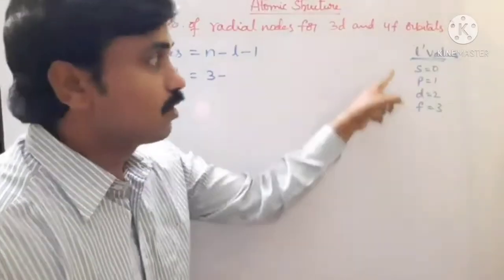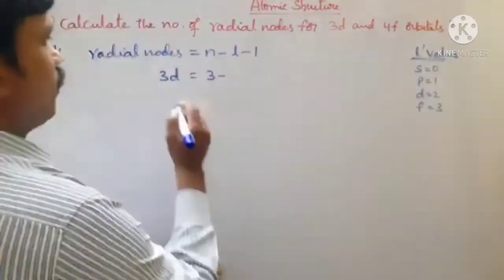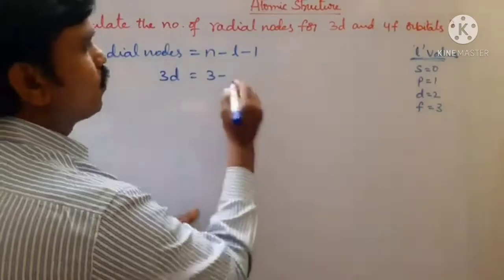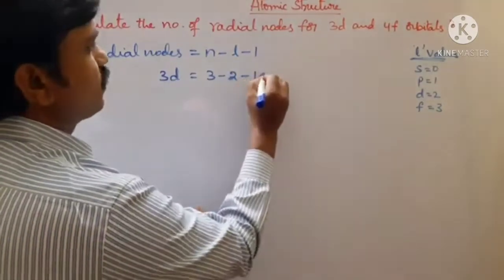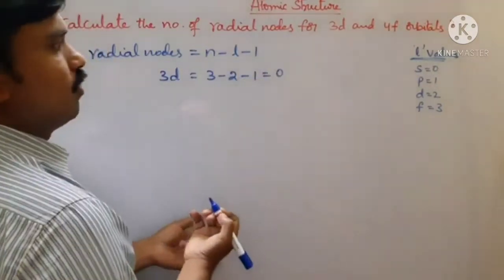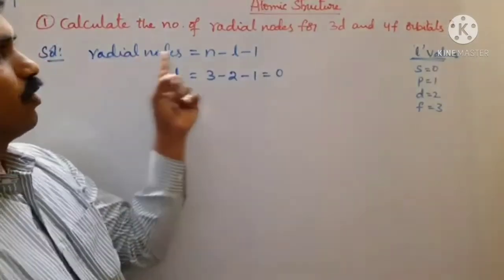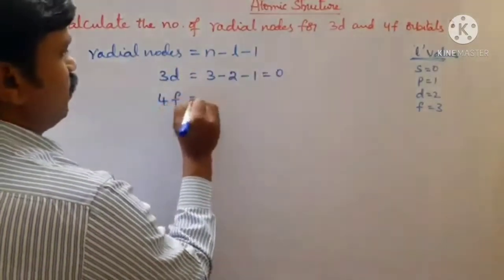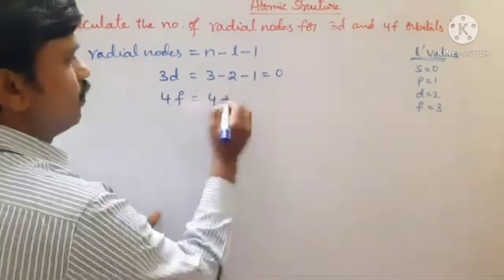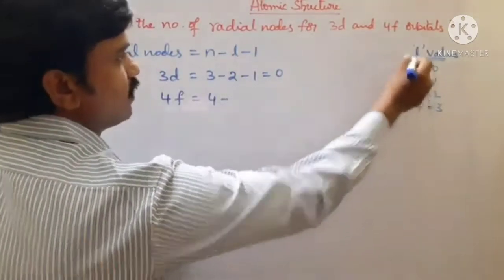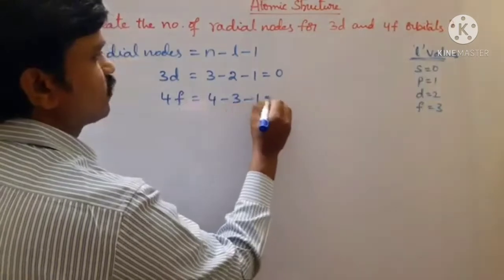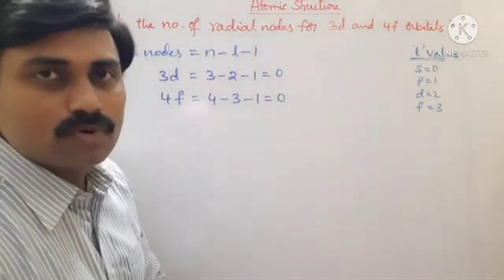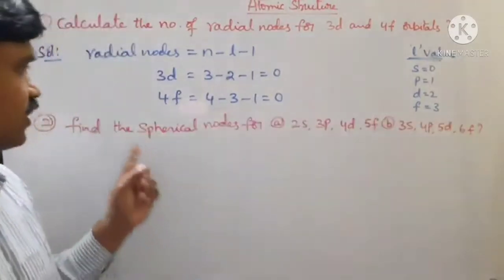Now, for 3D orbital n value is 3, for d orbital L value 2, minus 1. So it is 0. For 3D orbital, radial nodes are 0. For 4f orbital, n value is 4 minus, for f orbital L value is 3, minus 1, it is also 0. For 4f orbital, radial nodes are 0. Look at the next problem.